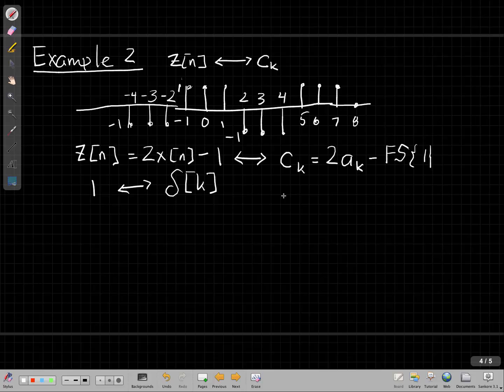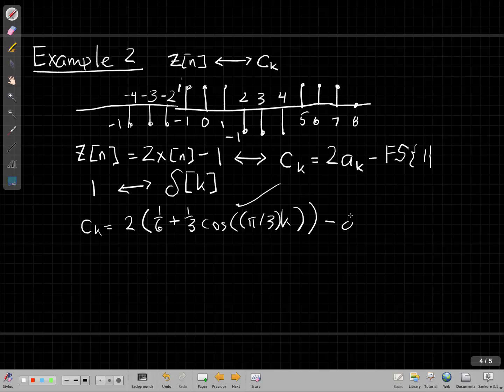So if I bring this over, then that's telling me that C of k is going to be 2 times the equation I had before: 1/6 plus 1/3 cosine of pi by 3 k, that whole thing, minus delta of k.